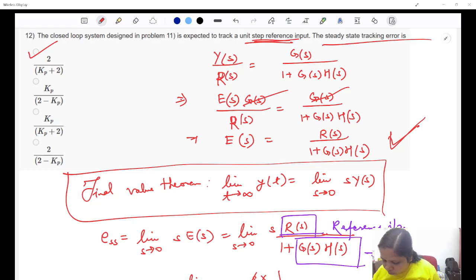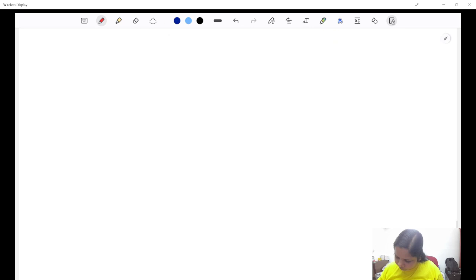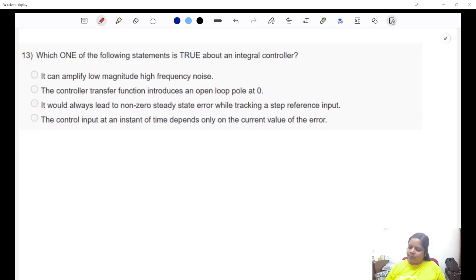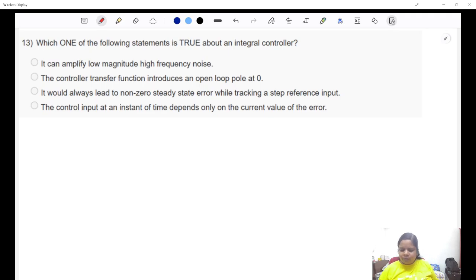Okay, let's move to the next question. Which one of the following statements is true about an integral controller? Okay, so the first thing is it can amplify low magnitude high frequency noise.